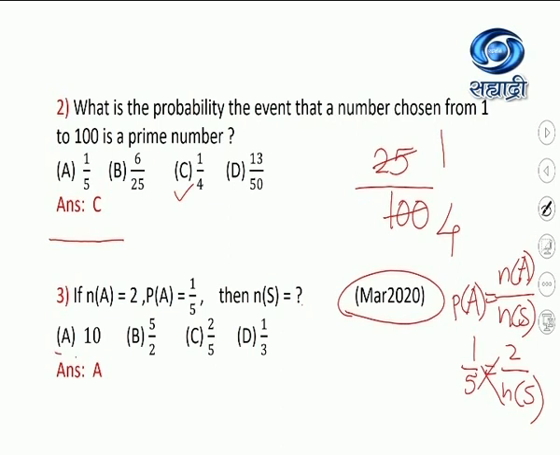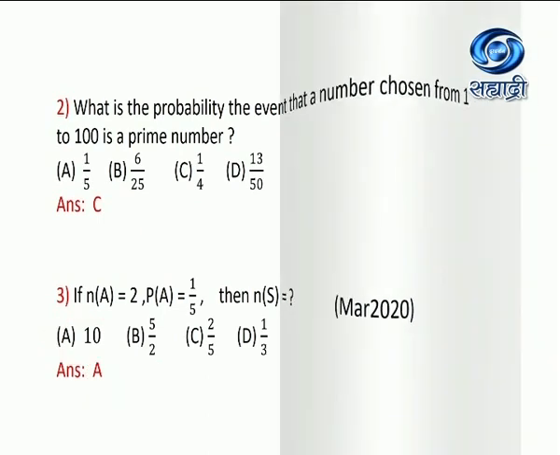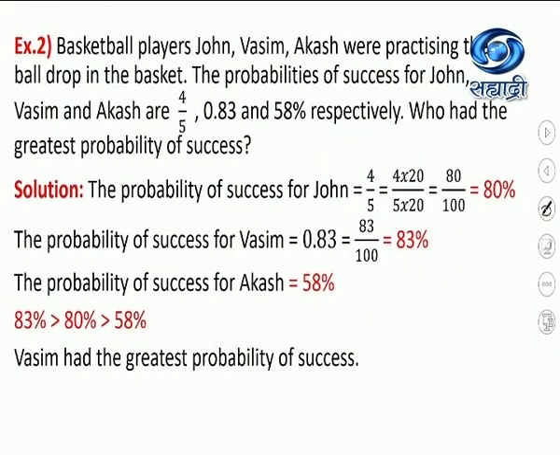So if you see option A, I have written 10. So children, you just write it down later for your answer. That is A.